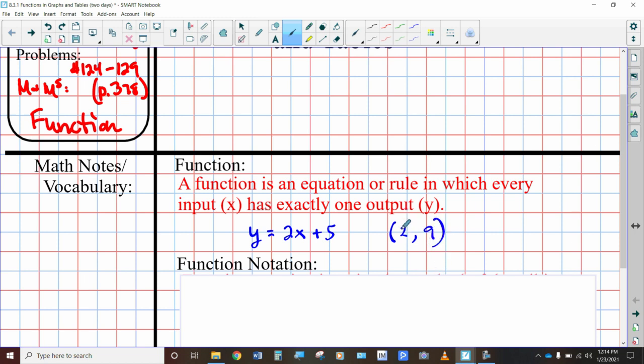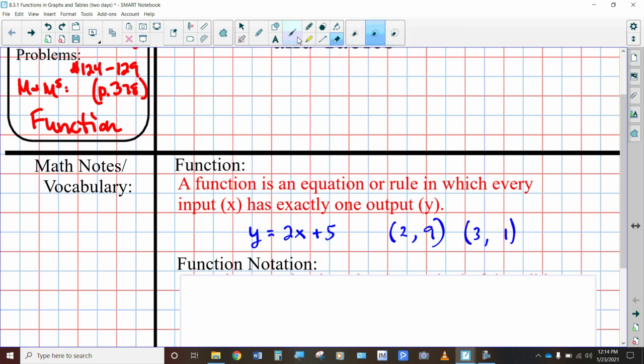No matter how many times I plug in a 2 here, I'm always going to get the 9 out. You would never get any other value for y other than 9 when x is equal to 2. If I change x to 3, I would get 6 plus 5 is 11, and you would never get any other output other than the number 11 there.